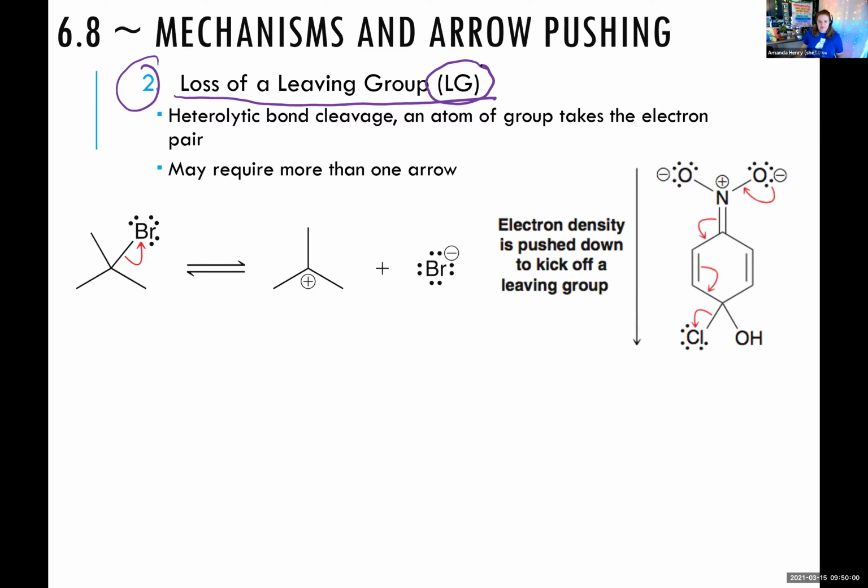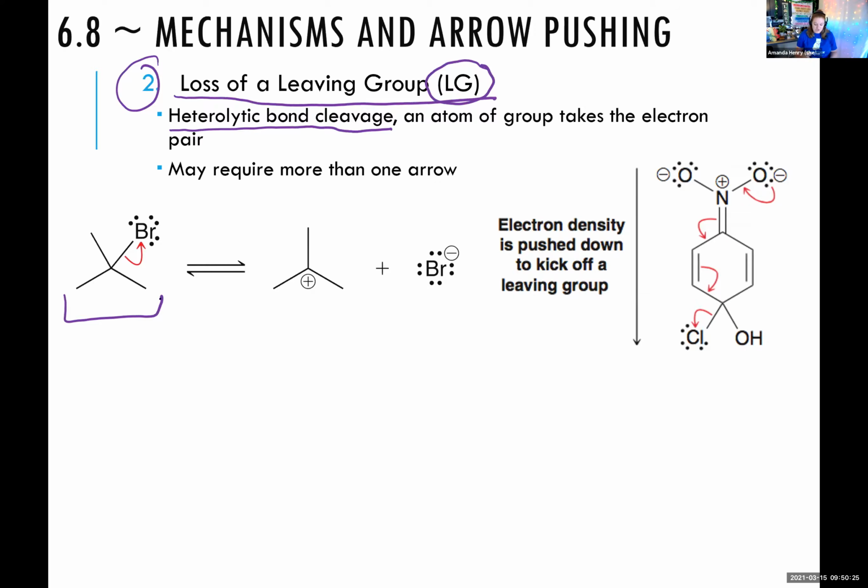When a loss of a leaving group happens, that means that something's leaving. I mean, it goes with the name. But how that happens is a heterolytic bond cleavage. So that means that an atom or a group of atoms takes an electron pair with it and leaves. So here is our starting reactant.